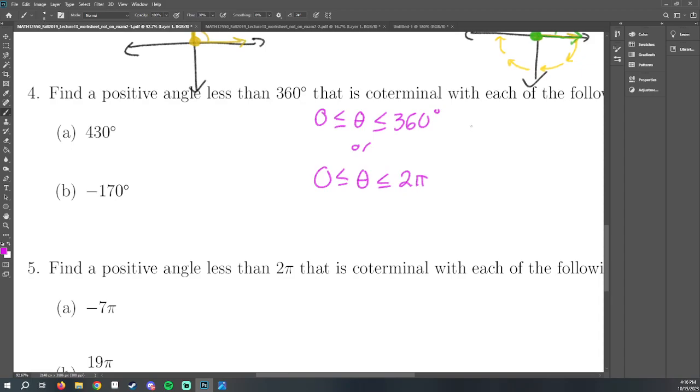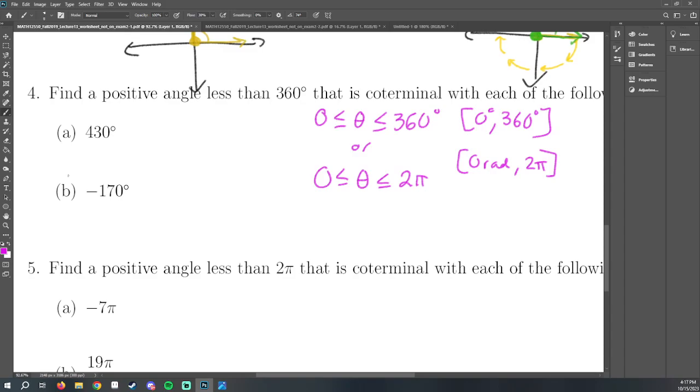If they're not in either interval, we have a tendency to rewrite them as the coterminal angle that is in that range. A nice fact is that any angle you can write has some coterminal angle that is positive and less than a whole circle.